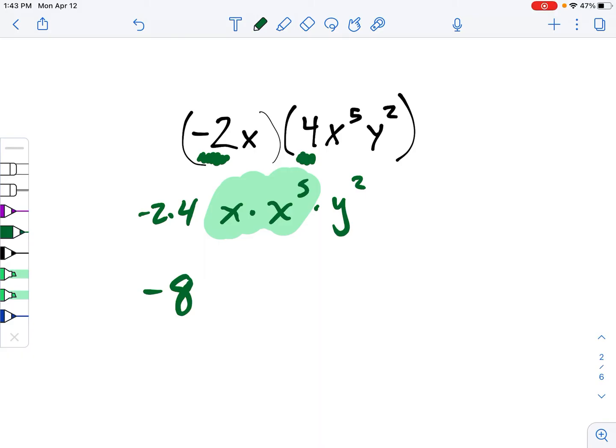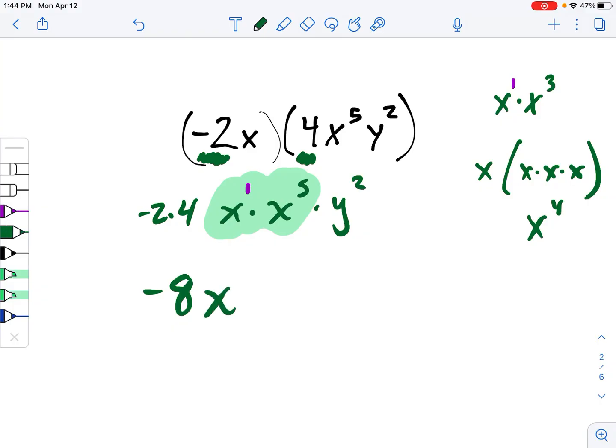If I had an x and I multiplied it by x cubed, I would end up getting x to the 4th. So that means that what I'm really doing is I'm still adding the exponent. It's just that this little exponent that's not actually written there really is a 1. So my x to the 1st times x to the 5th, 1 plus 5 is a power of 6.